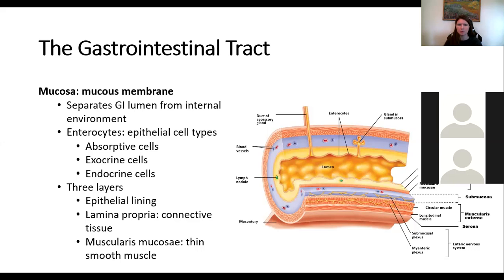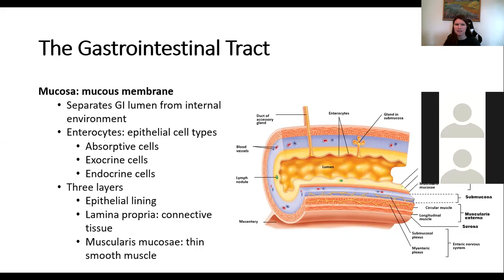But in our mucosa and the mucous membrane, we have these enterocytes, and they have some cells that are specialized for absorption, so taking stuff into the body out of that food. They have some exocrine cells. An exocrine cell is something that secretes stuff to the quote unquote outside environment.